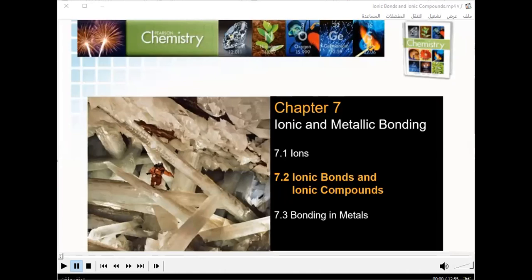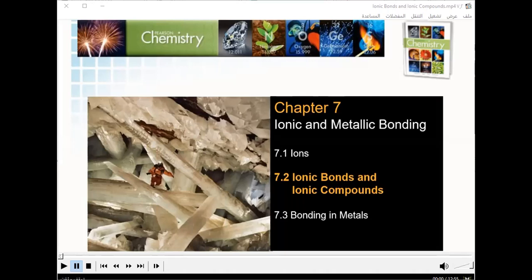An ionic compound is a compound composed of cations and anions. Not chloride atoms, cations and anions. Repeat your answer.